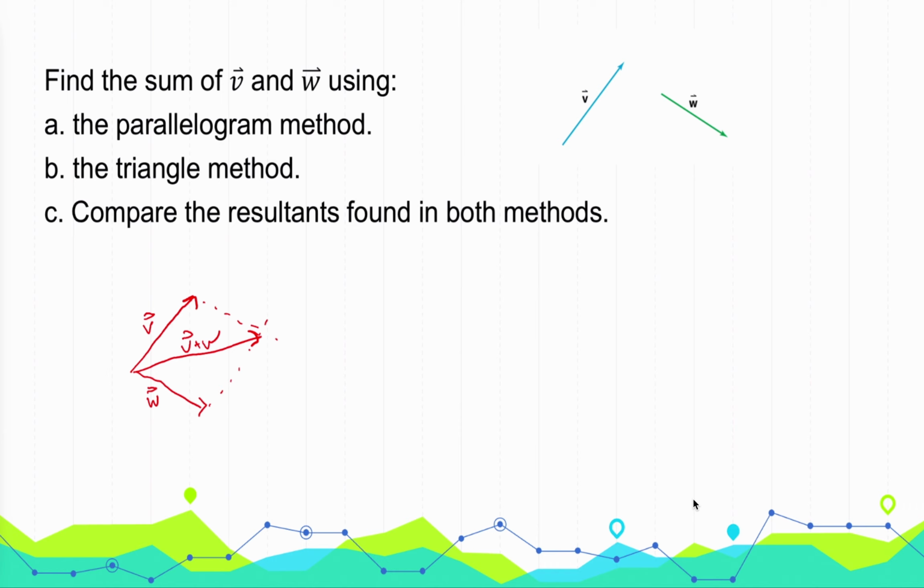Using the triangle method, I would start with vector v, and then I would do vector w, and then v plus w would be here. And hey, look at that. The two vectors are equal.